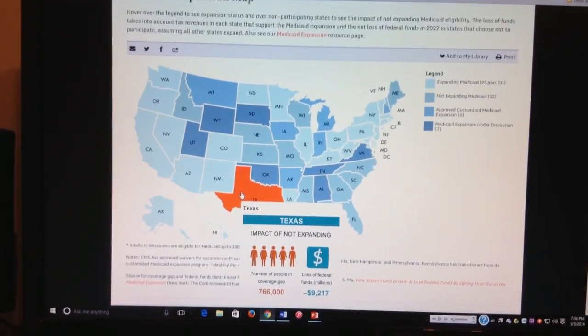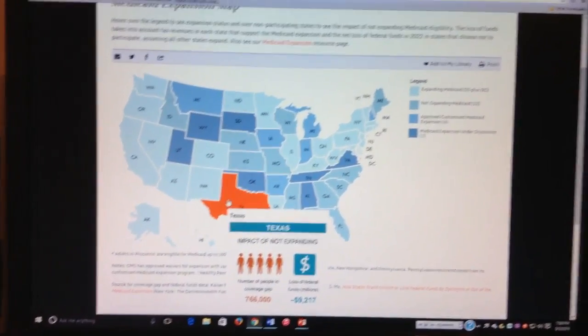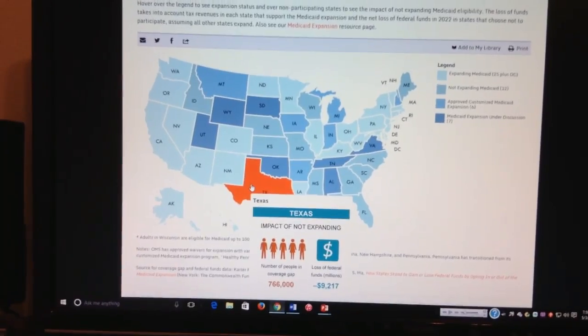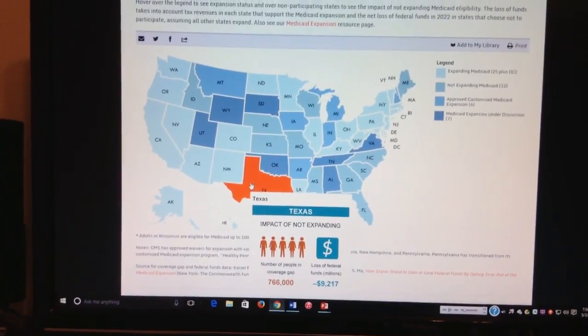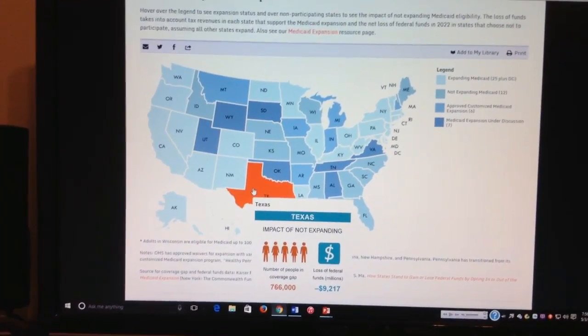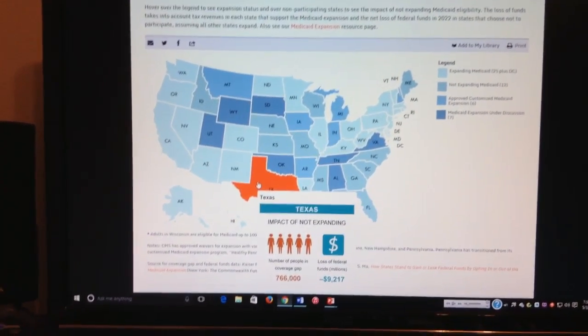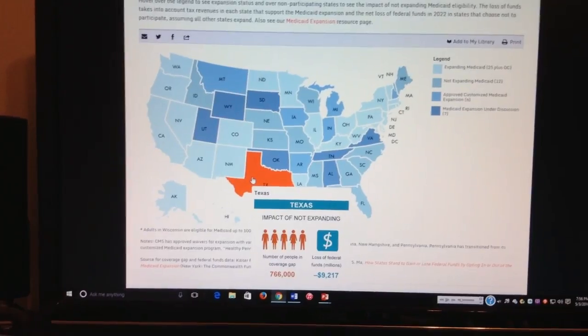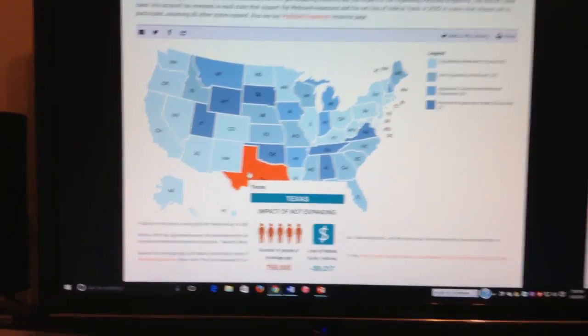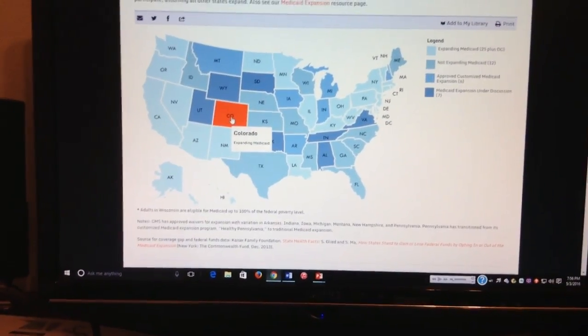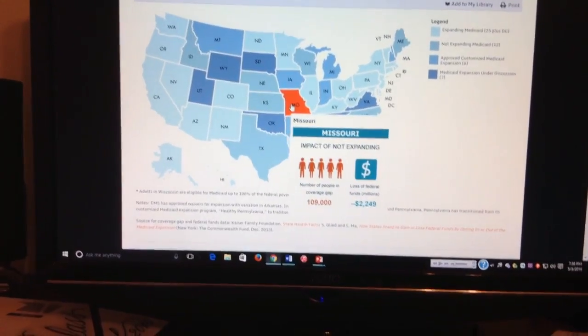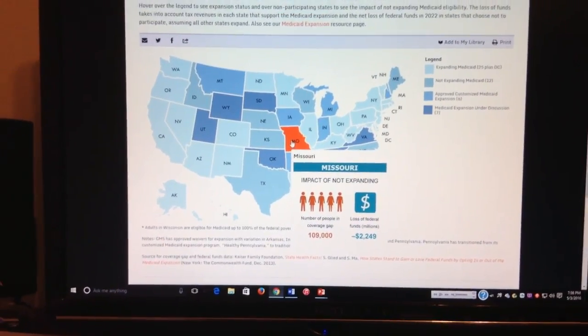And it explains the impact. So, 766,000 people are not covered. They land in that gap, and there's a loss of 9,217 federal dollars. Another example, Colorado, they are expanding. Missouri is not expanding.